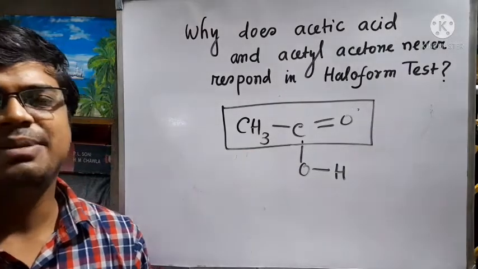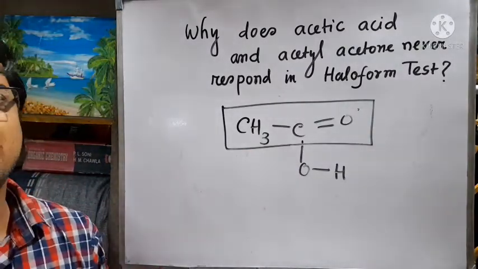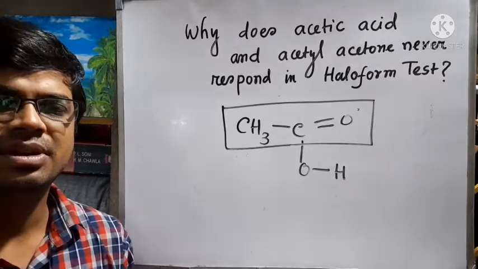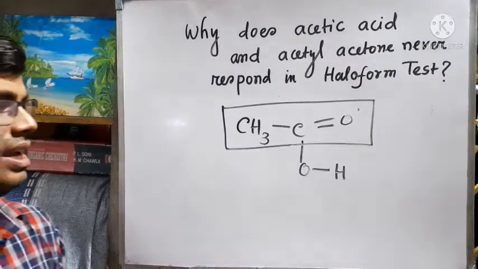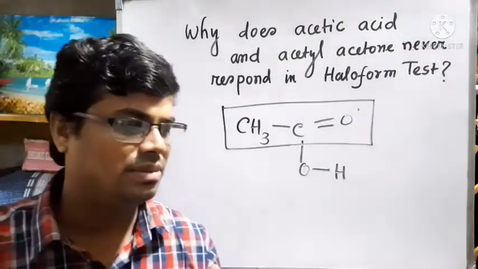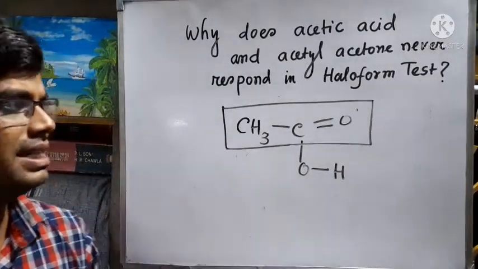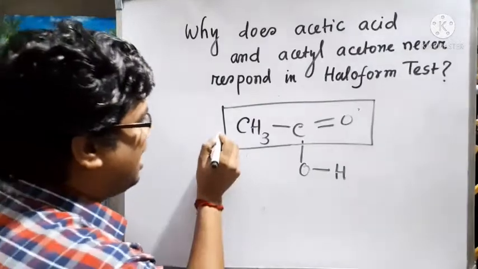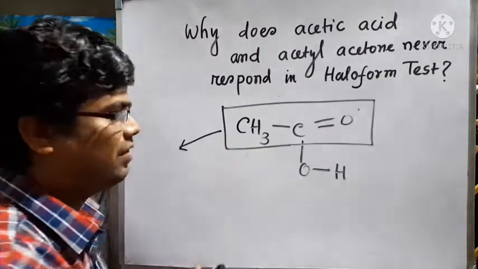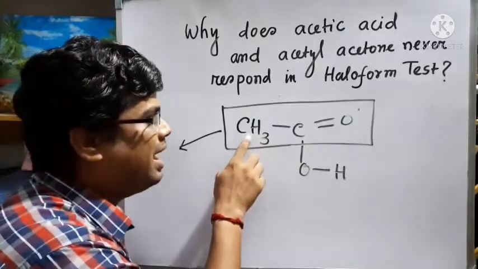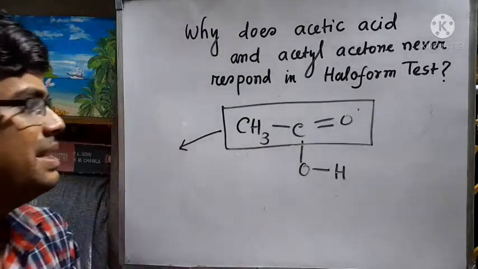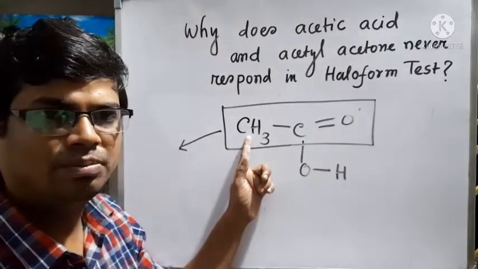Still it never responds in the haloform reaction. Why does this happen? Actually, we know the kinetics: the actual mechanism of haloform reactions happens through alpha halogenation, or the substitution of the alpha hydrogen present in the methyl group.